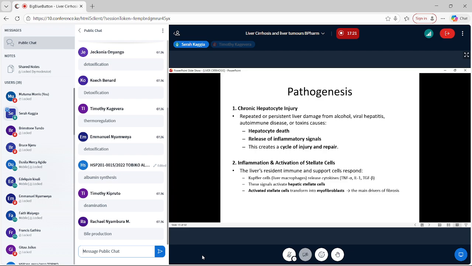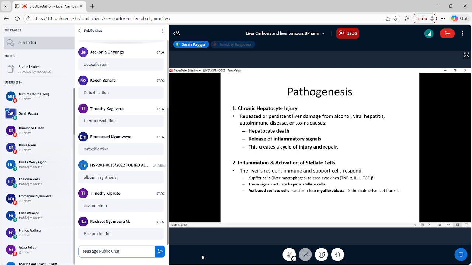So repeated and persistent damage from alcohol or that virus or autoimmune or those toxins will cause hepatocyte death, or it could be necrosis, okay? So there's hepatic death, signals to fight this alcohol or injury, a cycle of injury and repair.